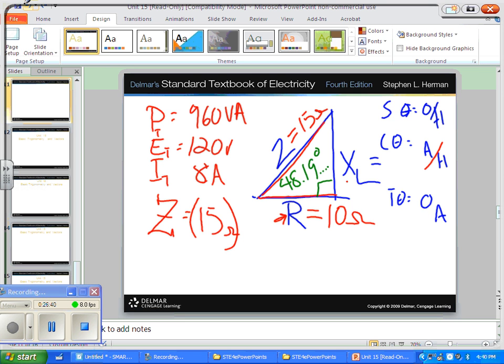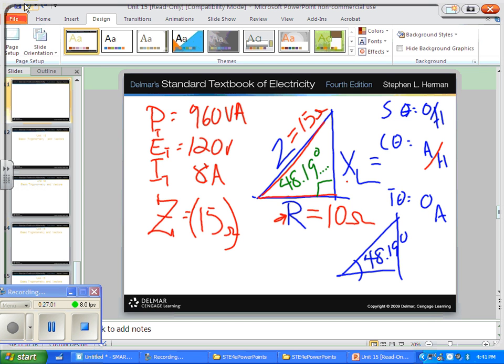If we have a phase angle of 48.19 degrees, that's still on our calculator with a long number, right? That's still the cosine? Okay. So what we're saying here is that's the same angle as our power triangle.